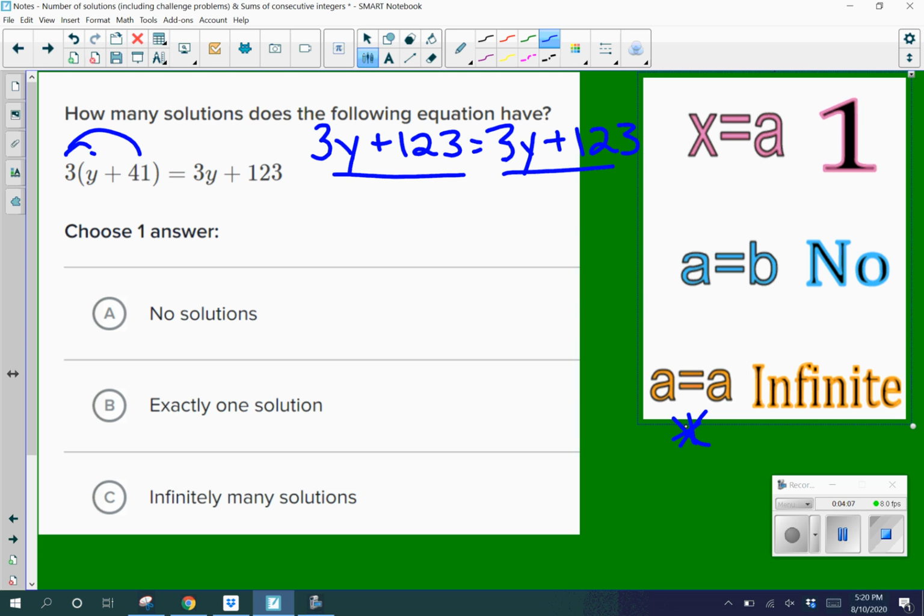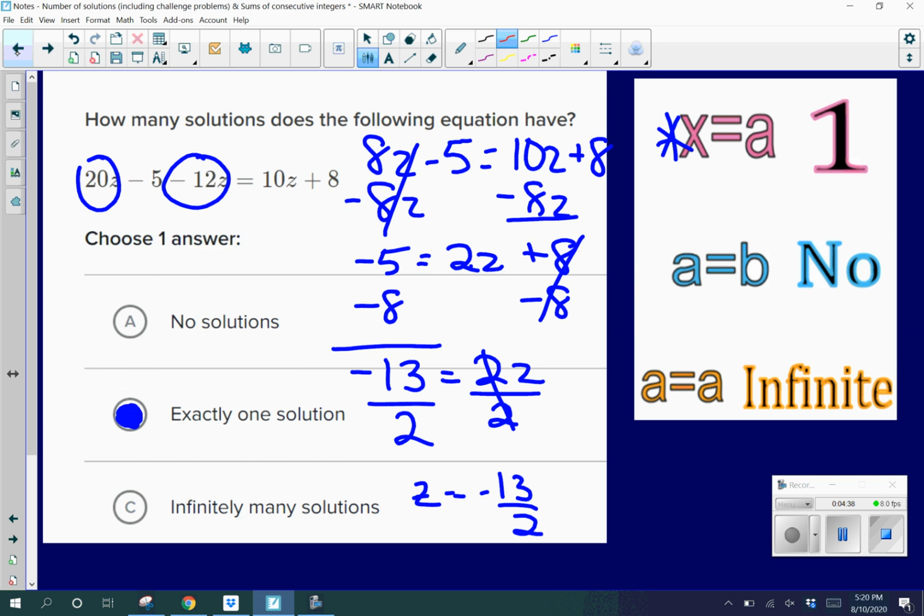But watch what happens. I would normally subtract 3y, which would cancel there and would also cancel there as well, leaving me with 123 equals 123. So that would mean we have a equaling a, or the same number equaling the same number, which means infinitely many solutions. And what that means is it doesn't matter what number you would plug in, any number will work in this problem if you plug it in for your variable y.